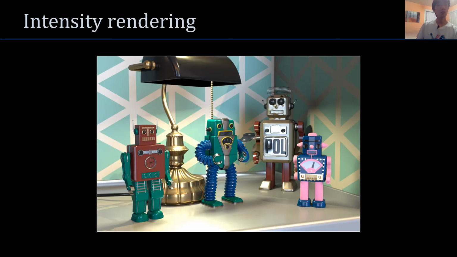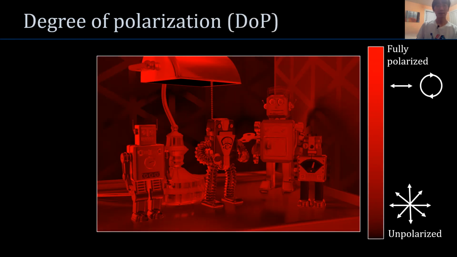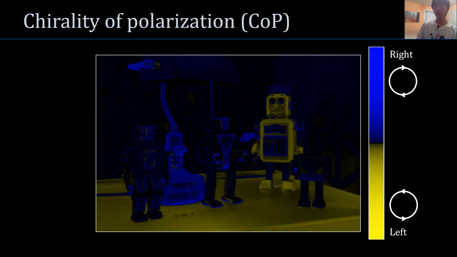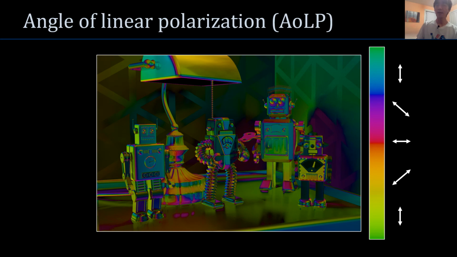So, using our PBRDF dataset enables physically accurate rendering of intensity as well as degree of polarization, indicating how much the light is polarized, and type of polarization, whether the light is circularly polarized or linearly polarized, and chirality of polarization, indicating the handedness of circular polarization, and angle of linear polarization, which tells the angle where the linear polarization happens.